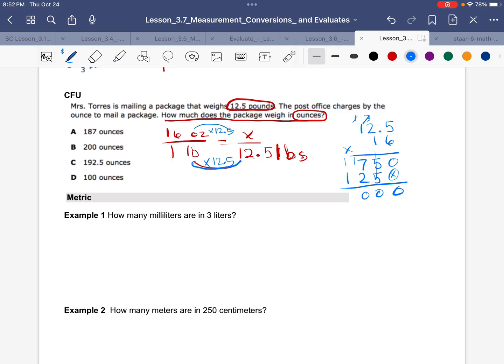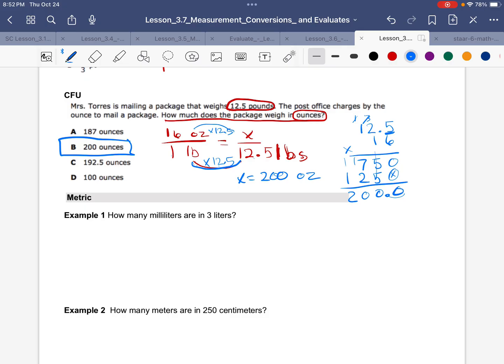You have 1 decimal place here. Move it back. All right, so this is our X is equal to 200 ounces. There it is right there. So 12.5 pounds is equal to 200 ounces.